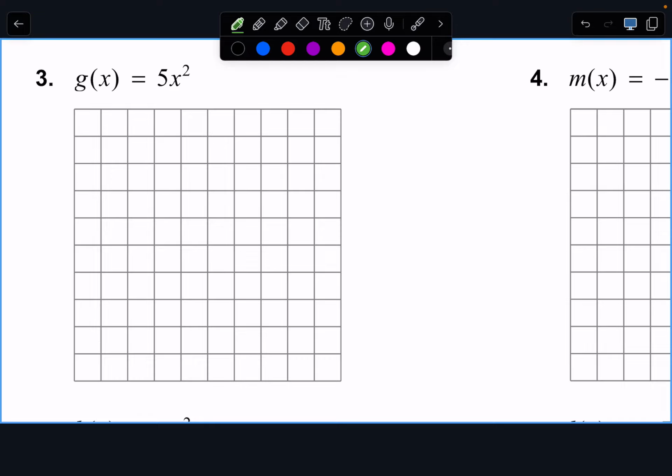It's just a different name. But since we have 5x squared, how is this going to compare to just normal x squared? It has an exponent. Is it skinnier? Is it wider? Is it the same? Is it upside down? We know that since this a is bigger than 1, it's going to be skinnier.